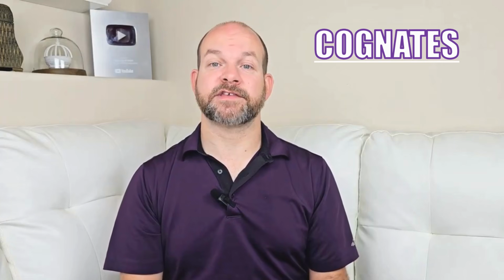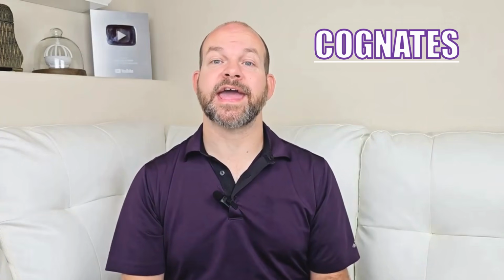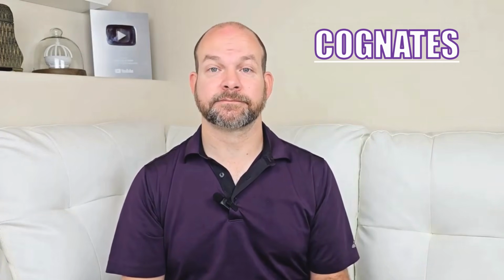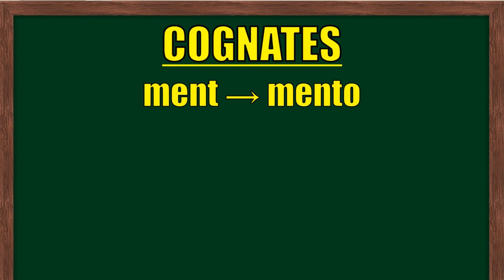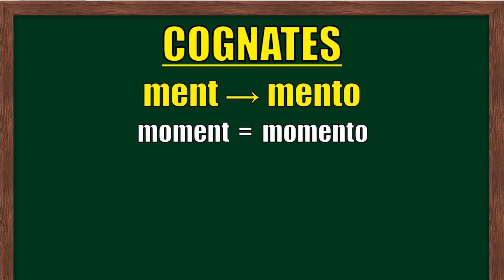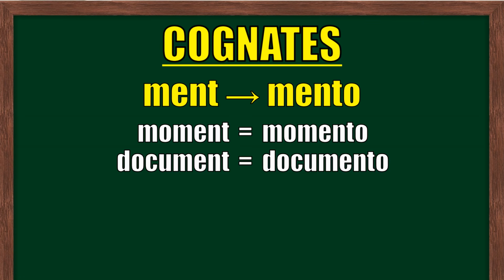And now let's see some examples in the categories where we add a letter at the end. Words that end in ment in English and in mento in Spanish. We add an O. So moment becomes momento. Document, documento.